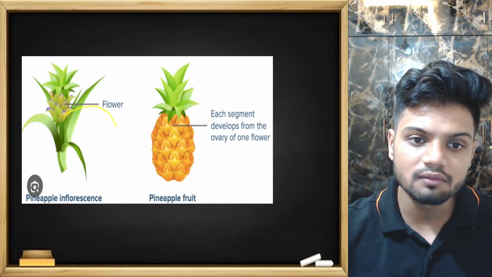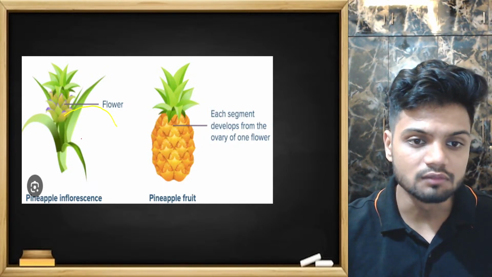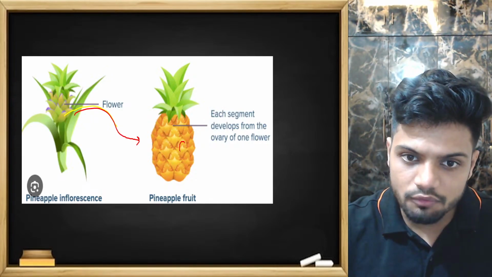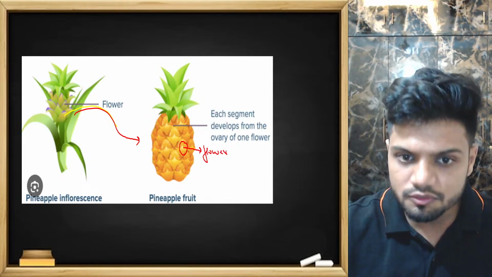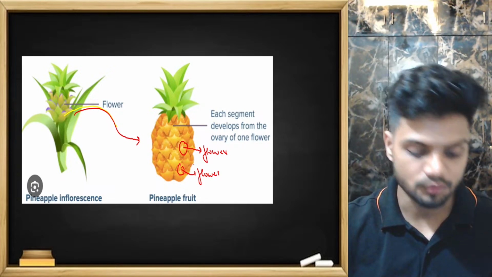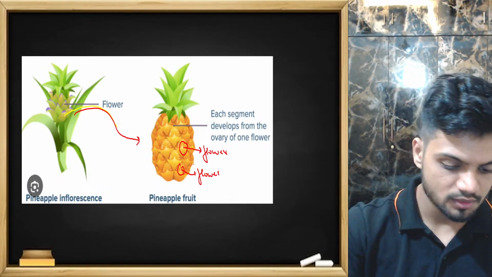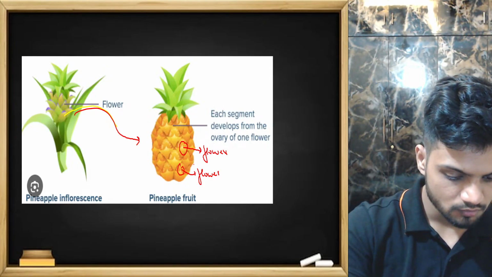The entire flower gets converted into a fruit here. Each individual fruitlet here is a flower, not a carpel. Okay, not carpel. Then, students, understood?